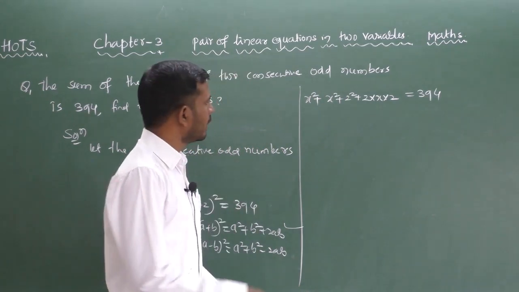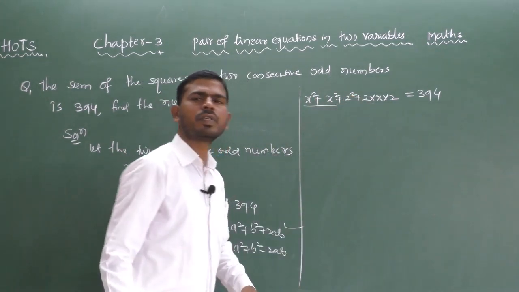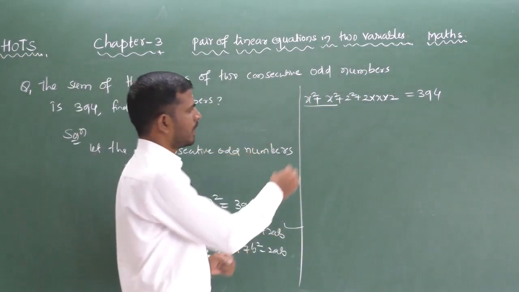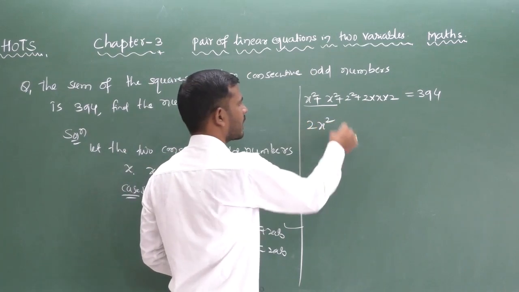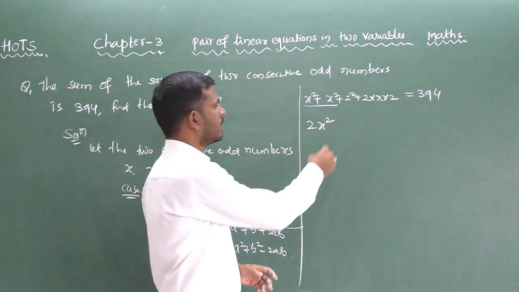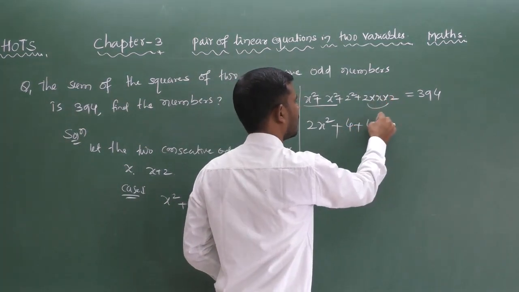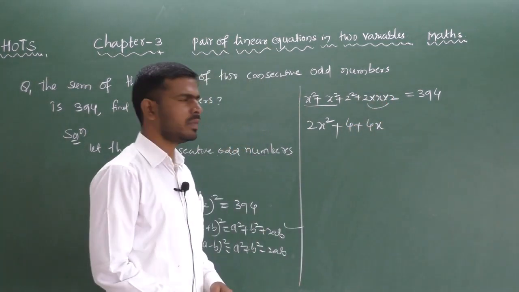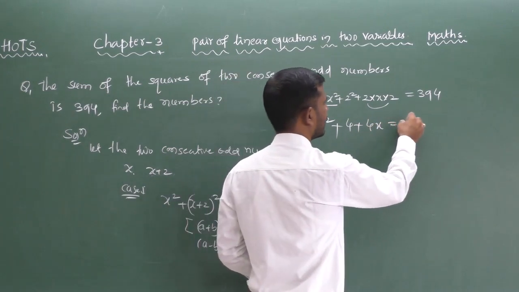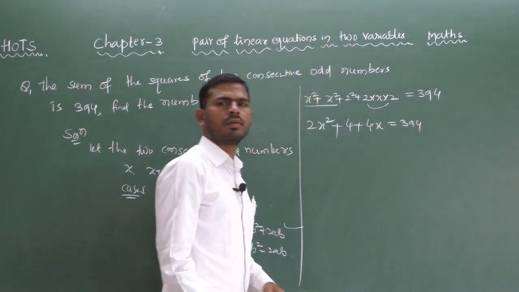Next one, like terms you can add or subtract: x square plus x square, that is 2x square, plus 4, plus 2 into 2, 4x is equal to 394.